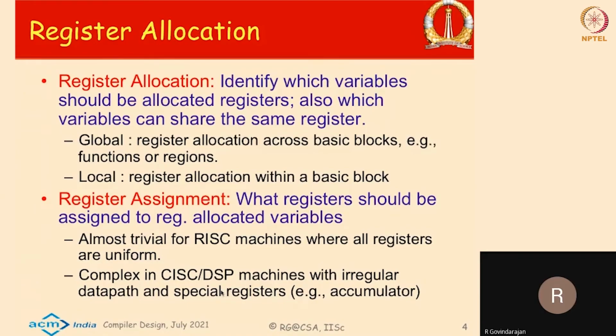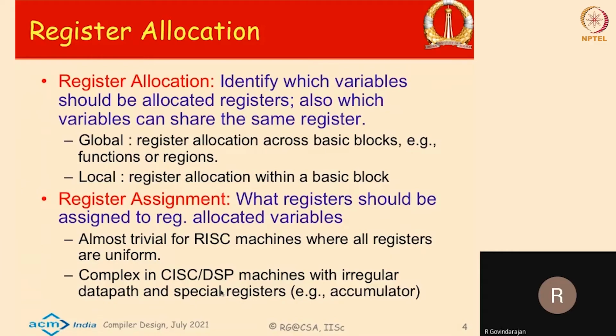Whereas in some other architectures, particularly in CISC architectures and in DSP architectures, certain registers have certain importance. For example, there are the segment registers which are used for certain purposes. There are these accumulator registers which are used for certain purposes. DSPs use other complex registers which are used for certain purposes, where the assignment problem also becomes an important problem.